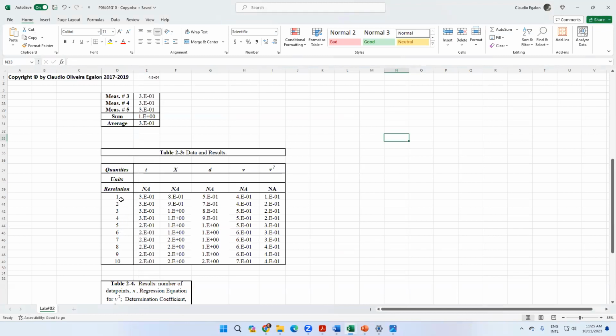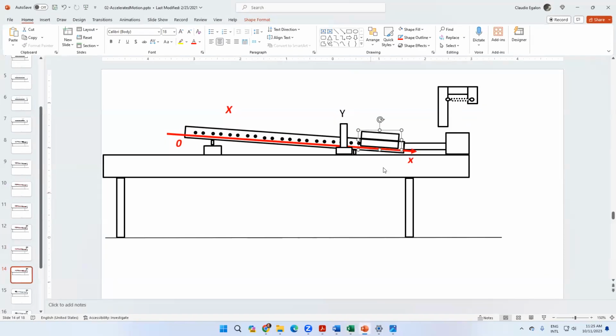So we release the cart from our first X position. We call it position 75. Here is my first X position. Then we repeated the experiment for different points where the cart is released. The higher the cart is in the track, the faster it goes when it crosses the photo gate.